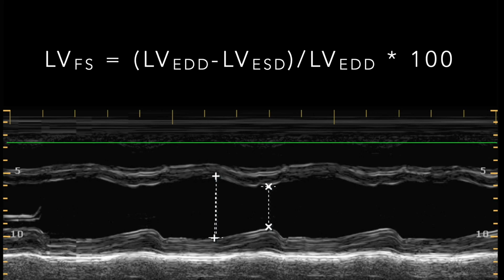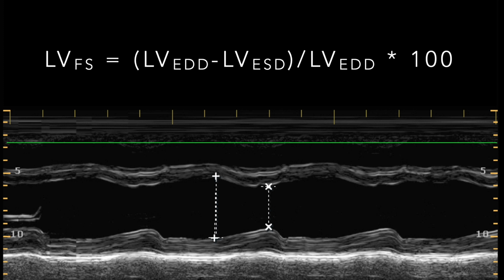And so what we're going to do is essentially come down to this formula. So, I shouldn't say left ventricular ejection fraction, the left ventricular fractional shortening percentage that we're going to obtain is equal to the end diastolic diameter minus the end systolic diameter.